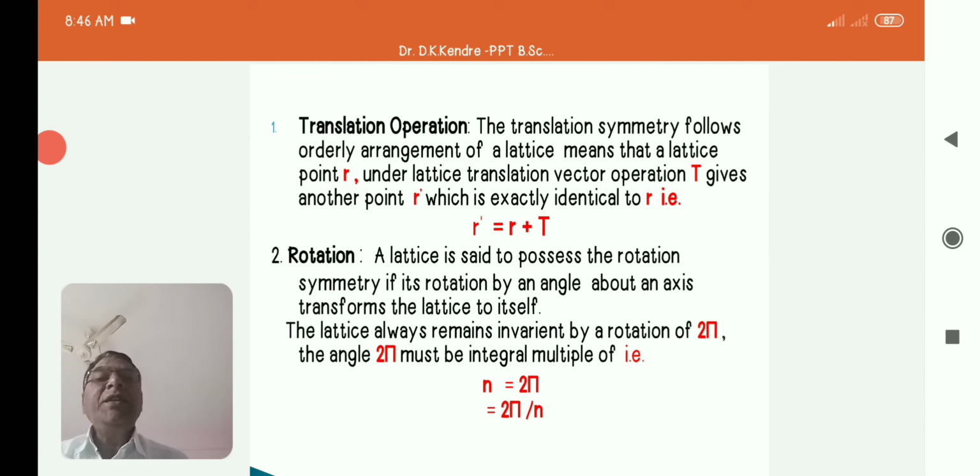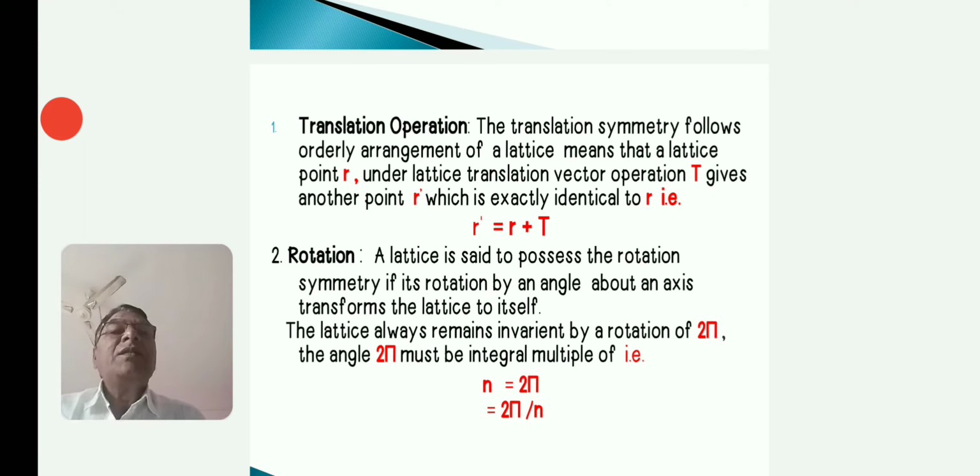The translation symmetry follows orderly arrangement of a lattice, which means that a lattice point r under the lattice translation vector operation T gives another point R dash which is exactly identical to r, that is R dash is equal to r plus T, where small r is the lattice point, R dash is another lattice point and T is the fundamental translation vector.